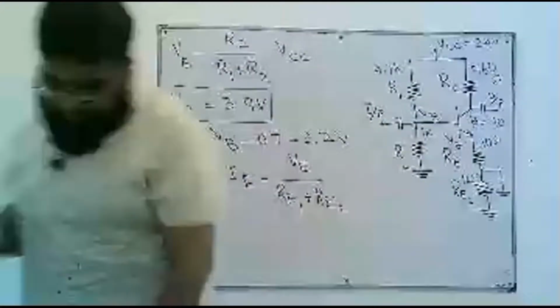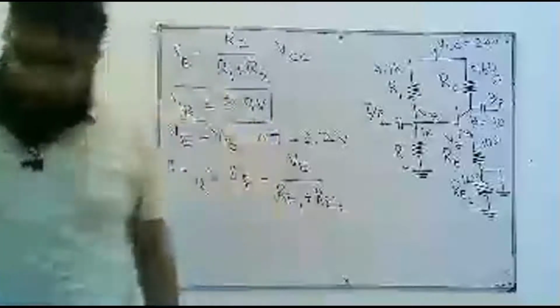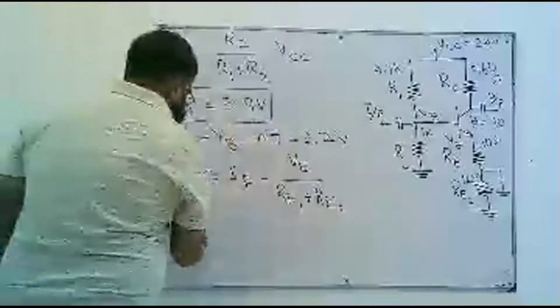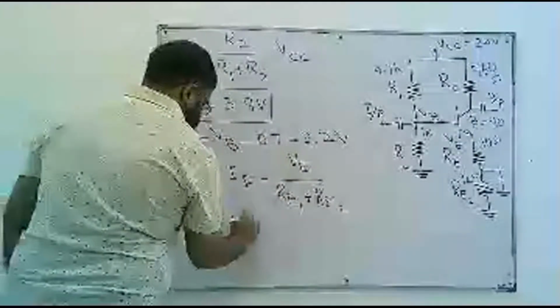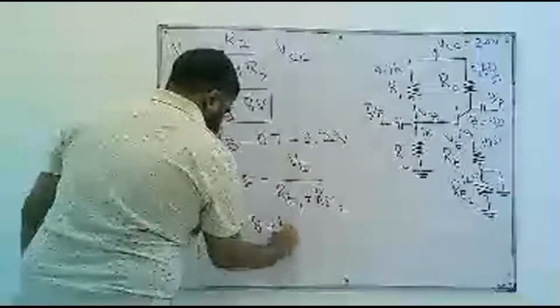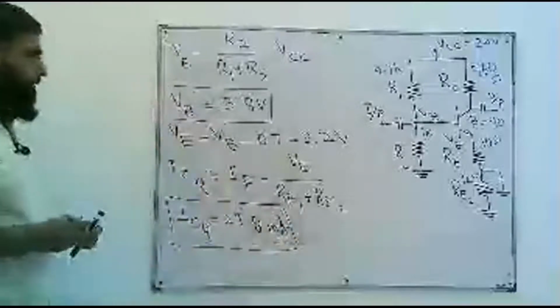So this gives us IE, or IC, equal to 24.8 milliamperes. So this is the ICQ.